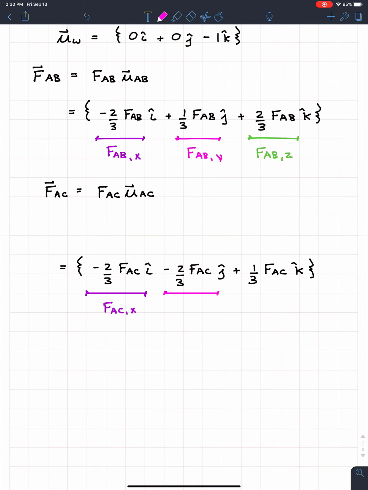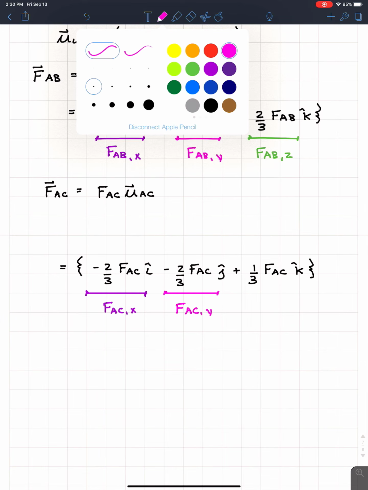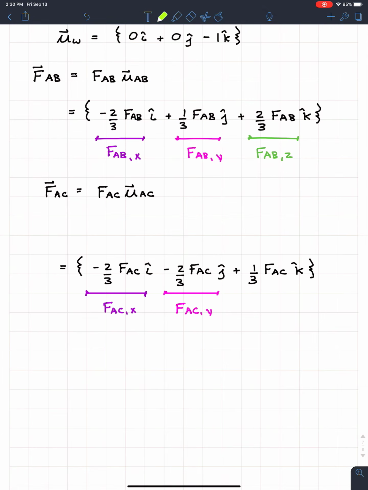This one's going to be FAC, comma y. And the last one, what was it? Green. Was it the lighter green? No, it was not that green. That is almost too bright. All right, so we're going to go across. And this one, of course, is going to be FAC, comma z. Or z. I'm very inconsistent with how I pronounce that.